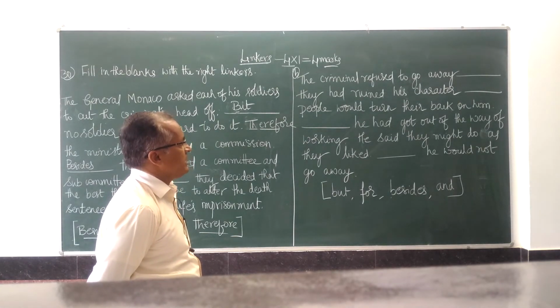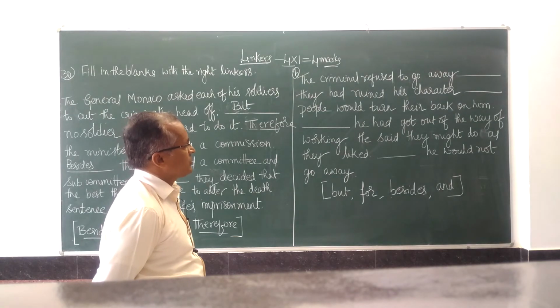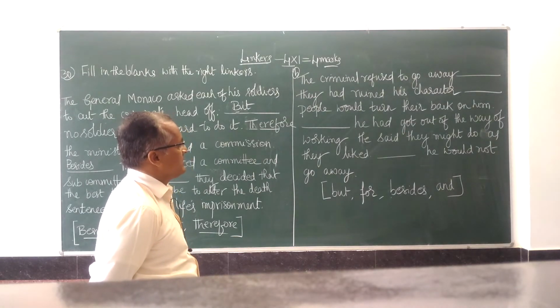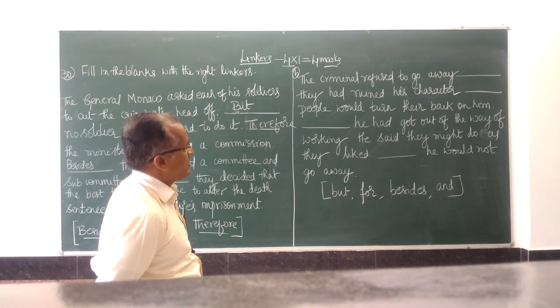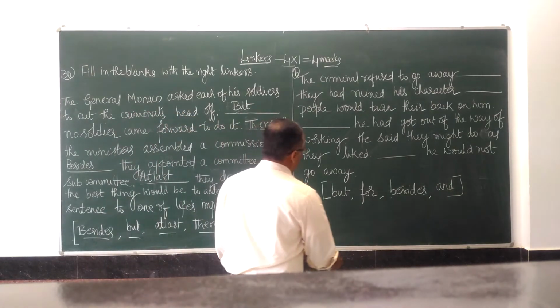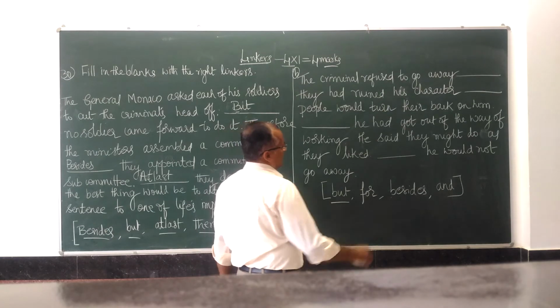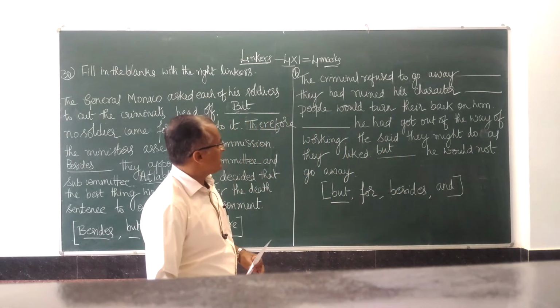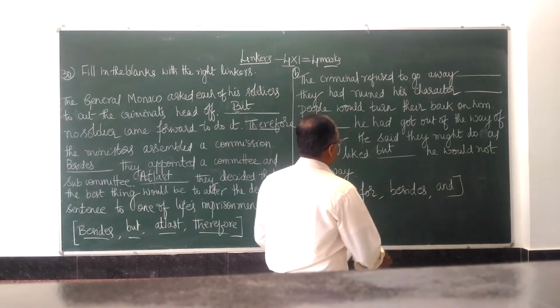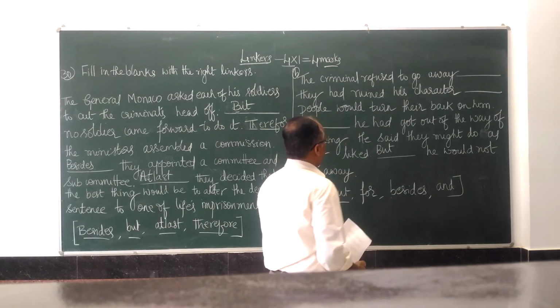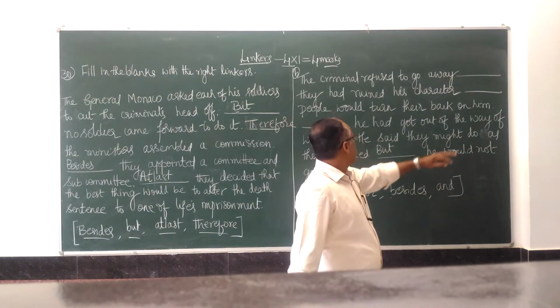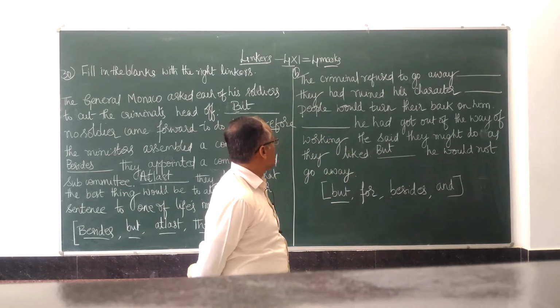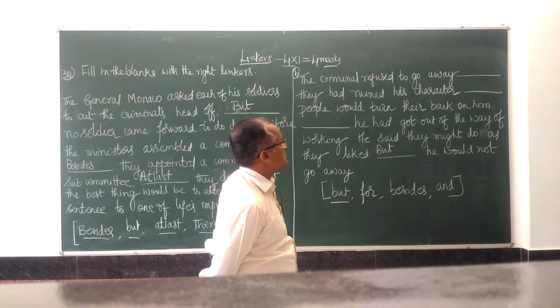So when you are trying this, what you have to do, a simple thing, is that the easier one must be inserted first. As far as I understood the meaning, it will go like this. But can be used here. Read the sentence: He said they might do as they like, but he would not go away. Okay.